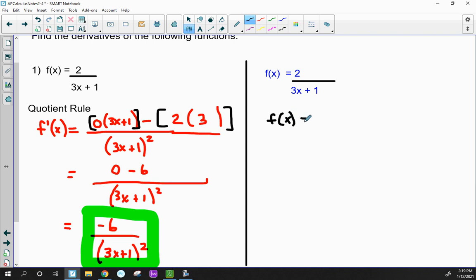And in order to do that, you're just going to use algebra skills. So this denominator, when I move it to the top, the power on all of it changes. And so 2 divided by 3x plus 1 is the same as 2 times 3x plus 1 in parentheses raised to the negative first.